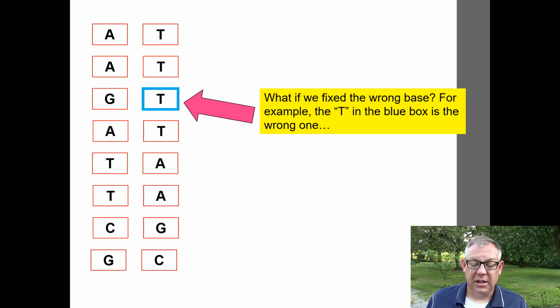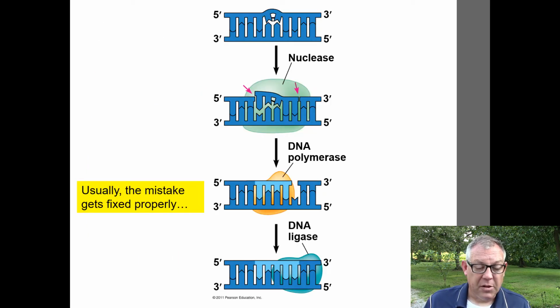That gets accidentally stuck in. And so that's the wrong nucleotide. And so these enzymes are going to fix that. We need to cut that out and fix it. And that happens most of the time. And so usually those mistakes get fixed properly. You cut out the incorrect nucleotide, you put the correct one in.